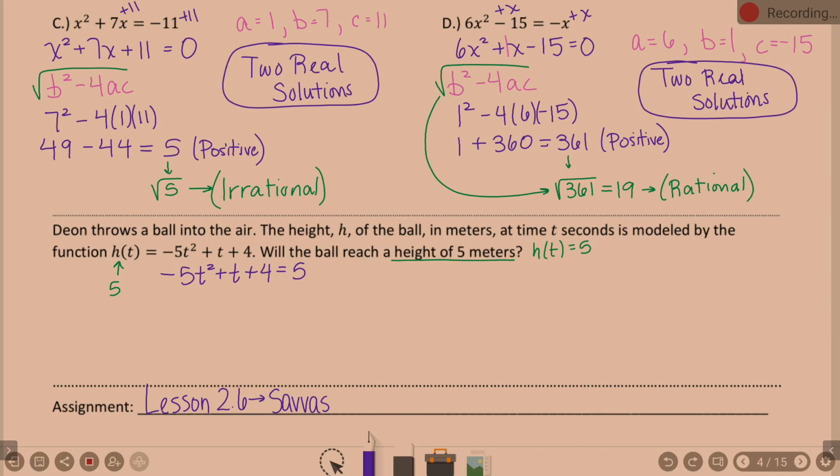Will the ball reach this height? I just need to know, yes, this problem has a real answer, or no, it doesn't. Do I have to do the whole quadratic formula?